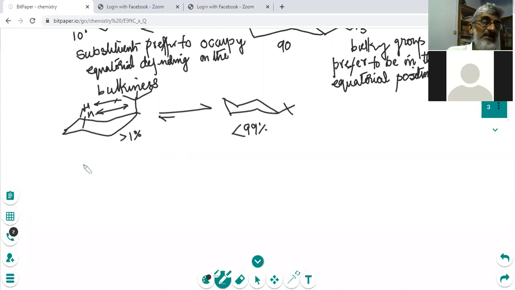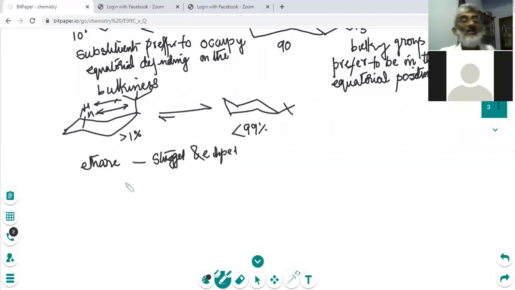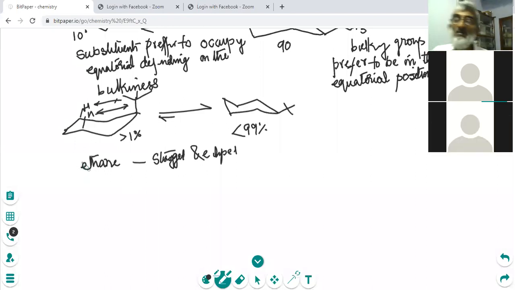Ethane has two major stable conformations: one is the staggered conformation, and the other is the eclipsed conformation. Now, what about cyclohexane? You have two chair forms and the boat form. These are different conformations of cyclohexane. So that is very briefly about conformations.